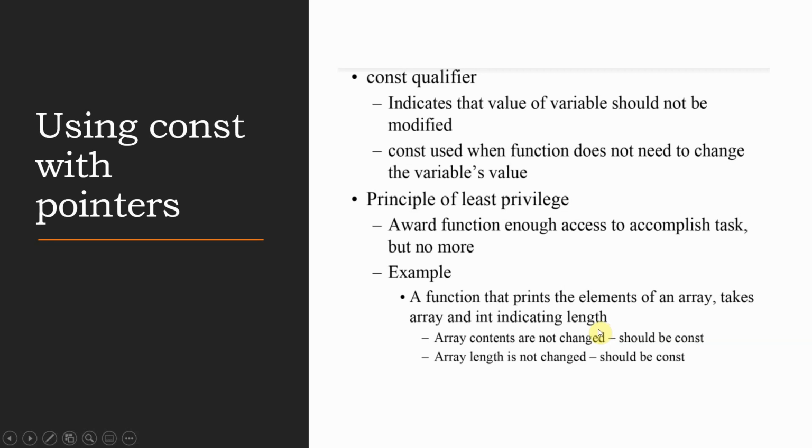So in the function we are taking two arguments, one is the array and the other is its size. If we are not using a dynamic array and dynamic memory allocation, we do not need to change the array contents and array length. And if we do not need to change them, then we should keep them constant.